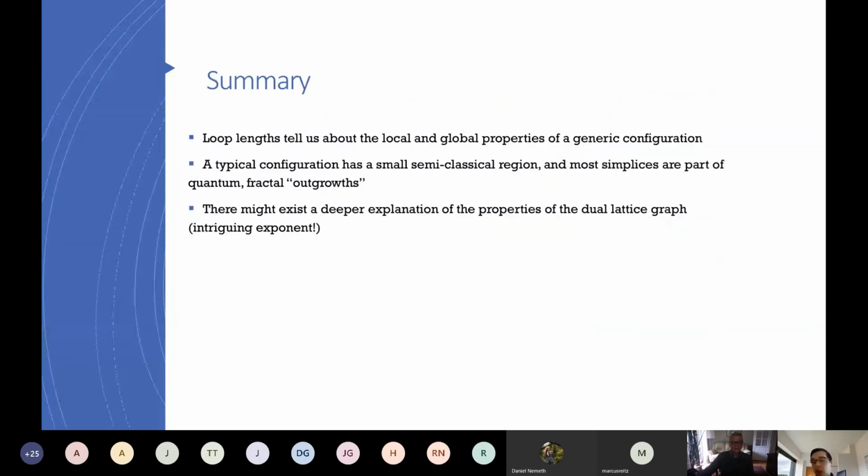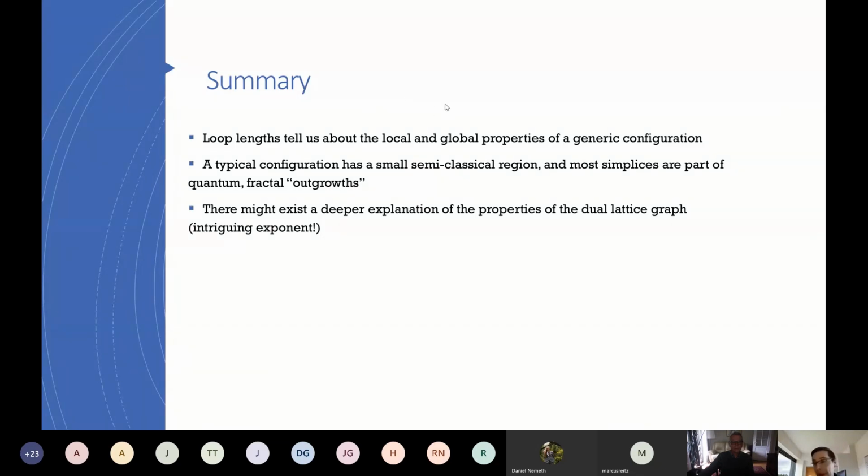Yes, so this was all that I had to say today. So to summarize, the loop lengths tell us something about the local and global properties of a generic configuration. The typical configuration has a small semi-classical region, whereas the greatest part of the simplexes are building the large quantum fractal outgrowths.